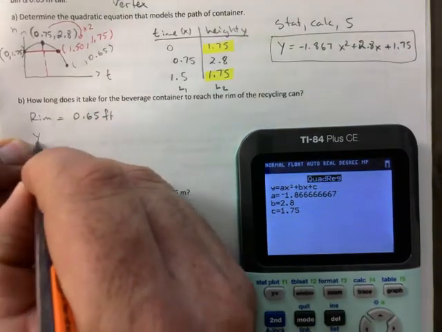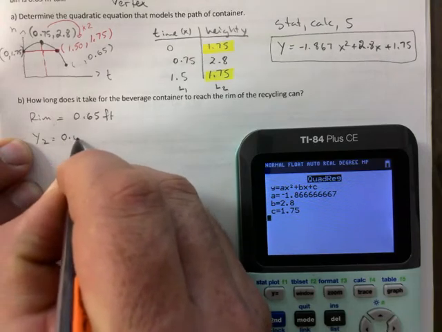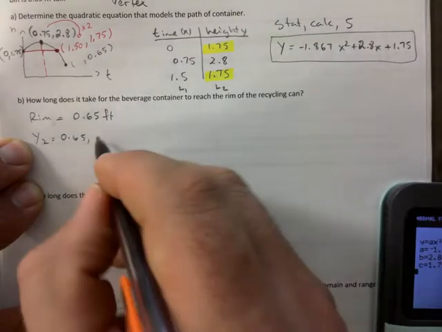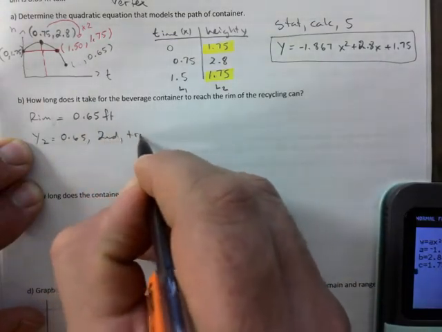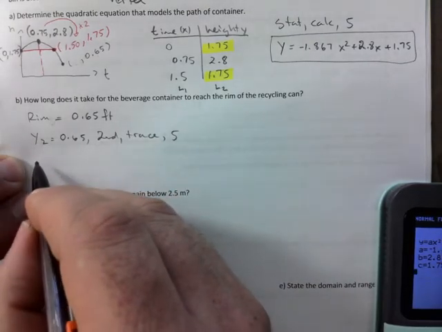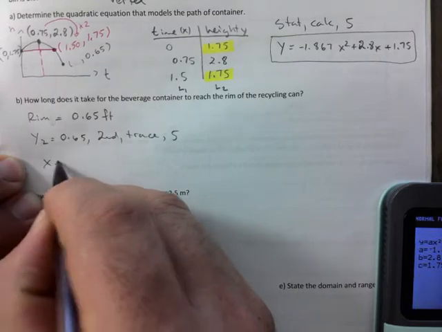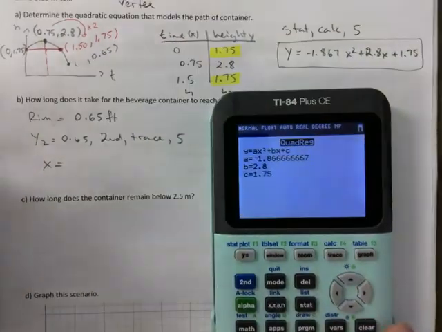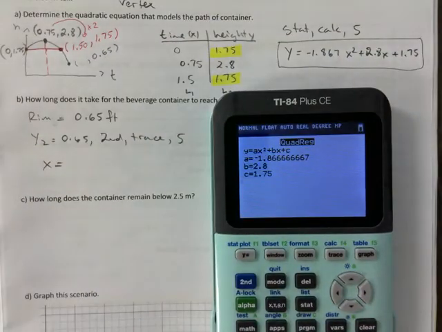So we want y2 equal to 0.65, and then we're going to find the intersection between that line and the parabola. So let's go ahead and do that.